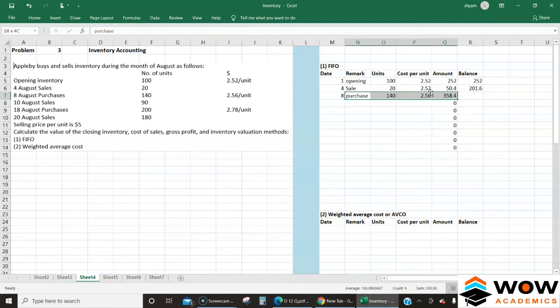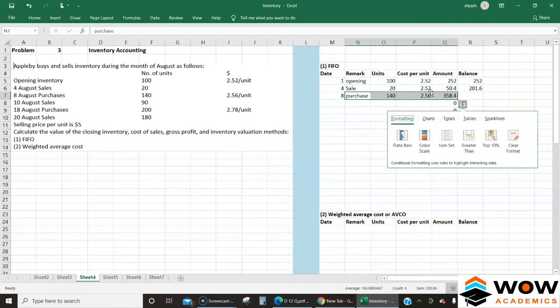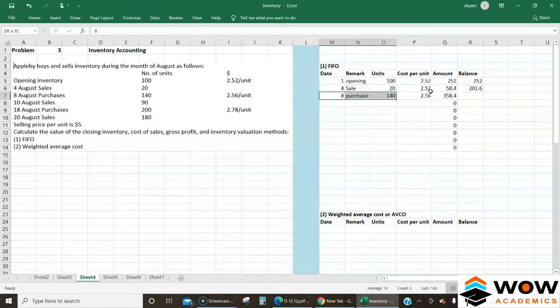So on the 4th itself we had the balance inventory: 80 units at 2.52, whose value is 201.6. Both these values we have to take into account, so we'll add both the values. This would look much neater.